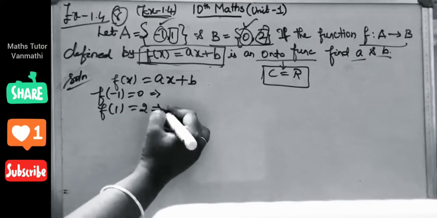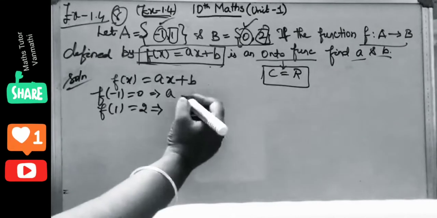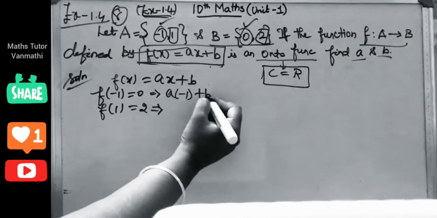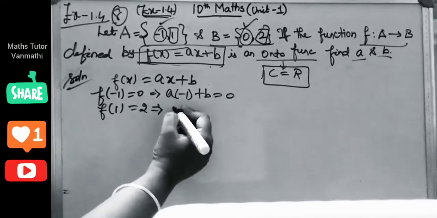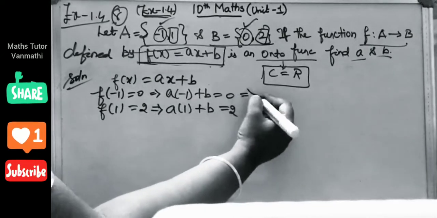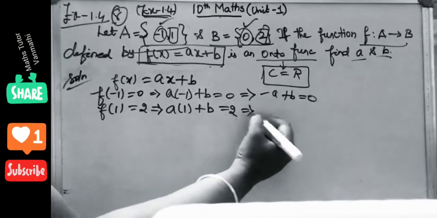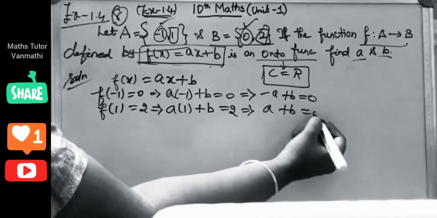From this we can write it as a into, x is minus 1, substitute here, minus 1 plus b equal to 0, and similarly a into 1 plus b equal to 2. So minus a plus b equal to 0, and a plus b equal to 2.